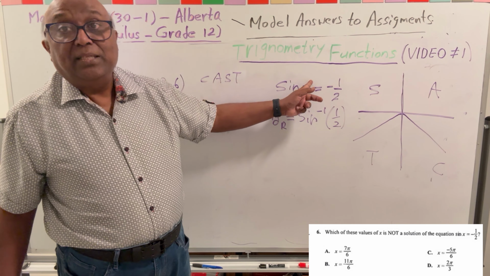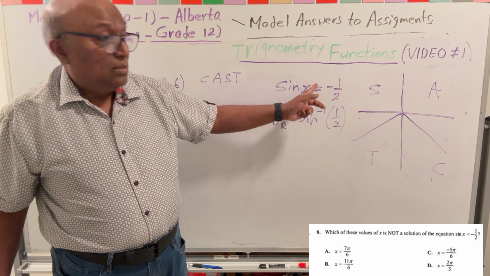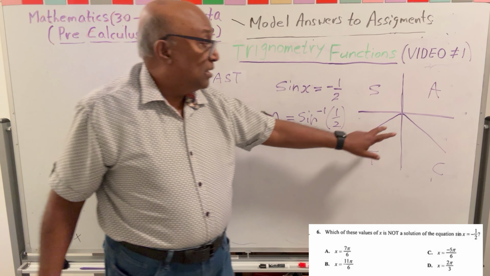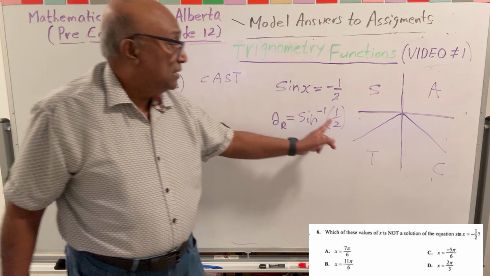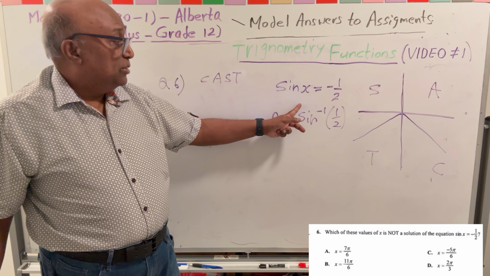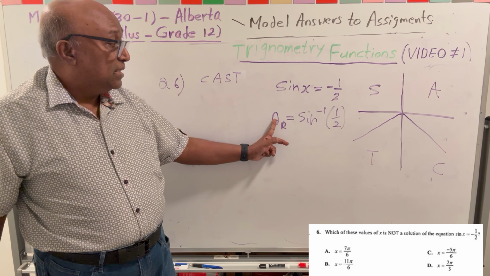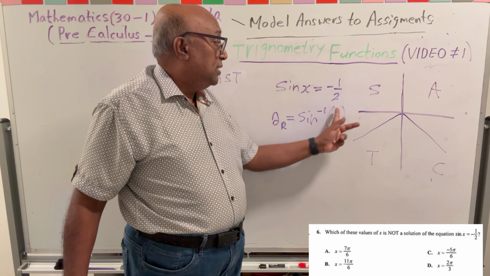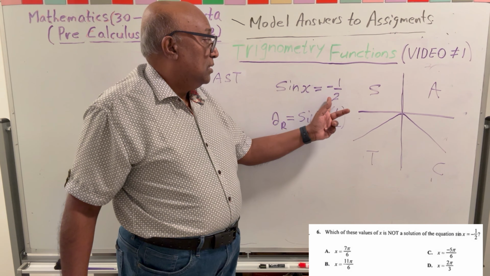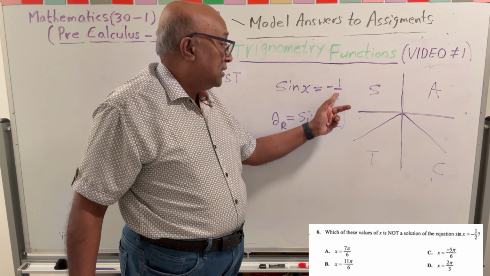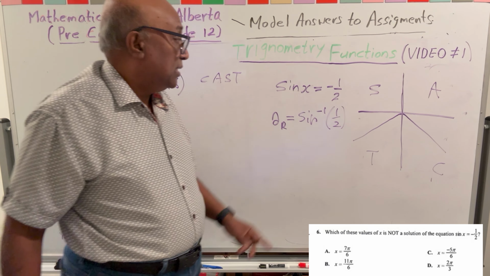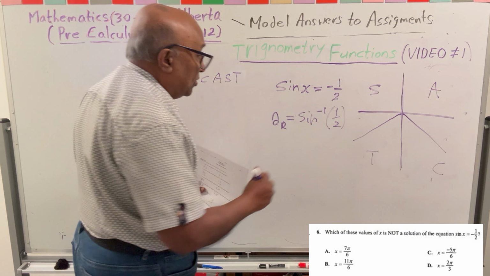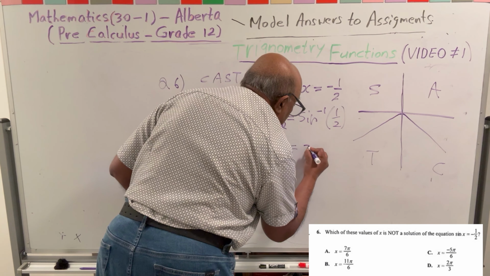In order to mark the terminal arm for the standard position angle, this is the easiest way. First figure out the reference angle, theta reference, sine inverse, but you have to be careful here: consider the positive value. If there is a negative value, just consider the positive value for the reference angle. Sine inverse half, from the special triangle, we know is 30 degrees.